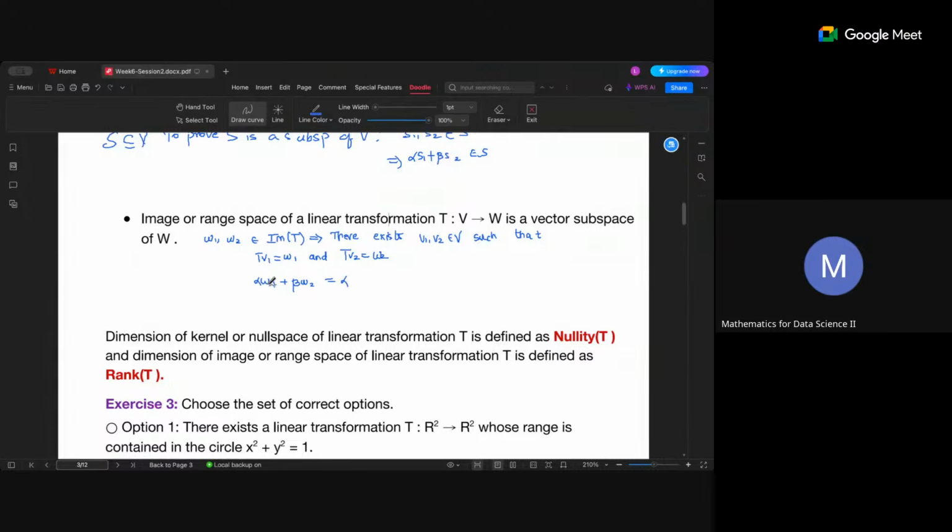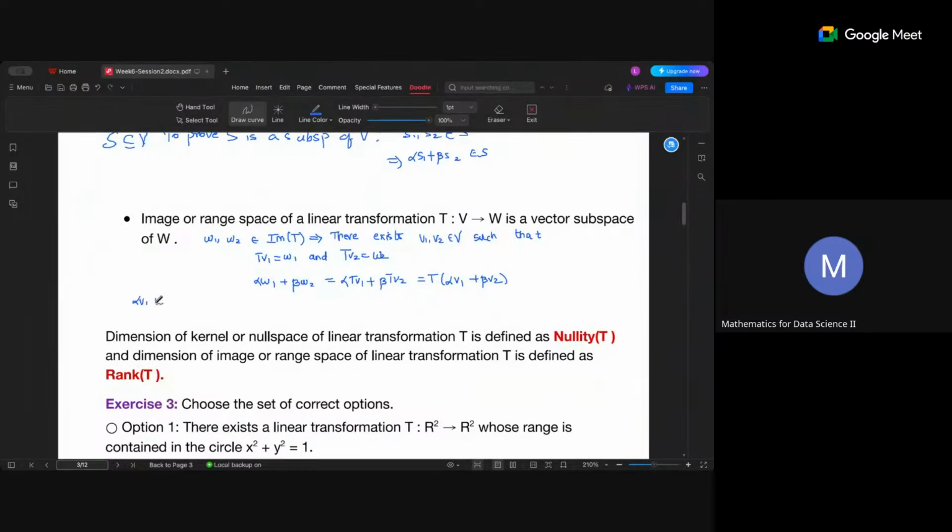Now, alpha W1 is alpha TV1 plus beta TV2. Instead of W1, I'm writing TV1, and instead of W2, I'm writing TV2. Now, this is nothing but T times of alpha V1 plus beta V2, because by using the linearity of T, I have written this step. So, this means what?